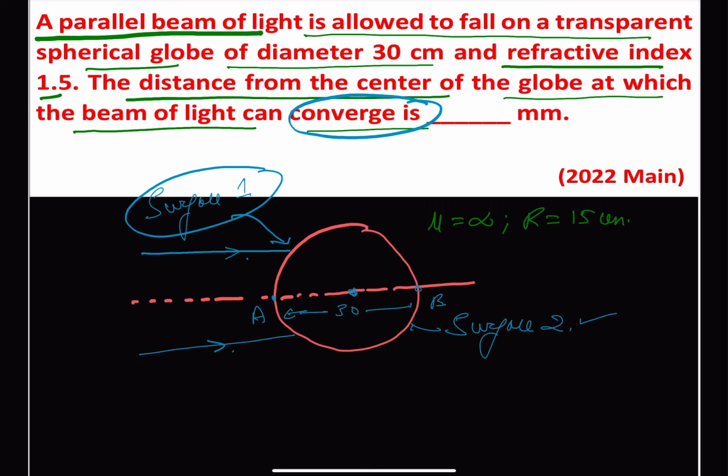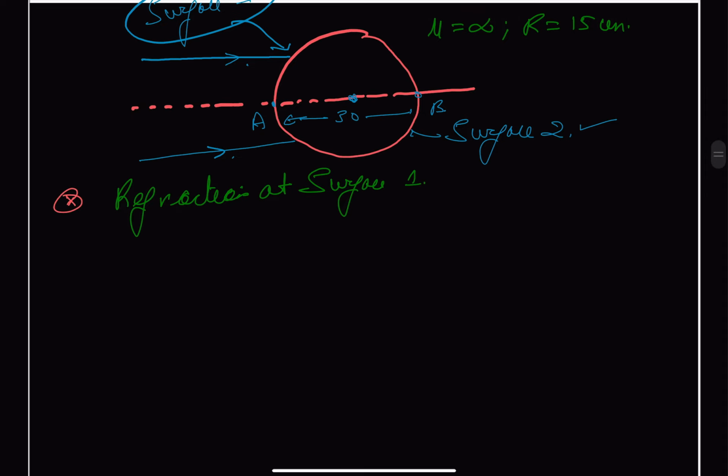and we can use the formula for refraction at surface 1, and the formula is mu2 upon v minus mu1 upon u is equal to mu2 minus mu1 upon r.